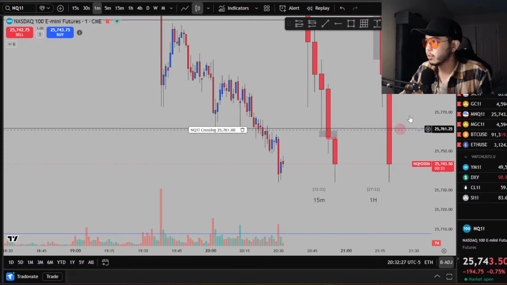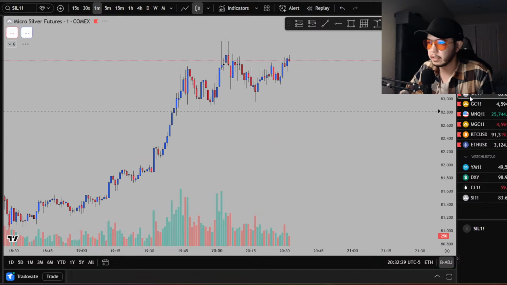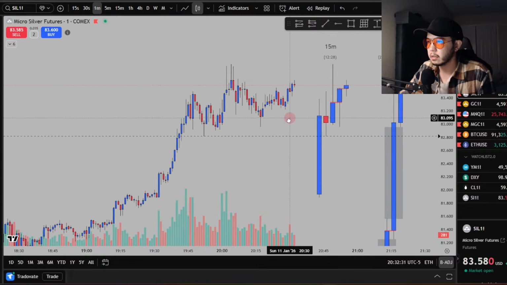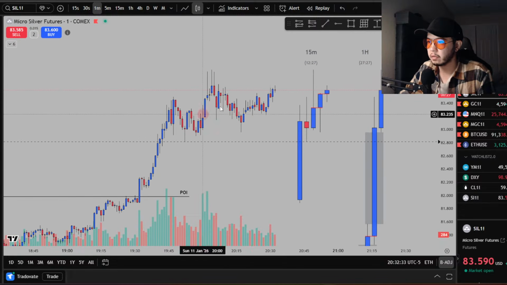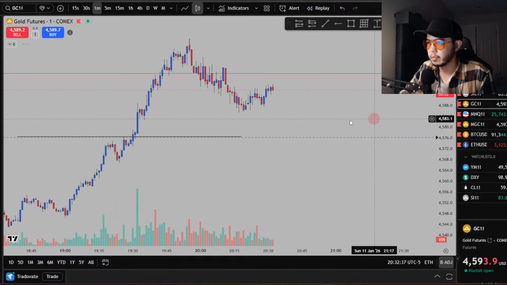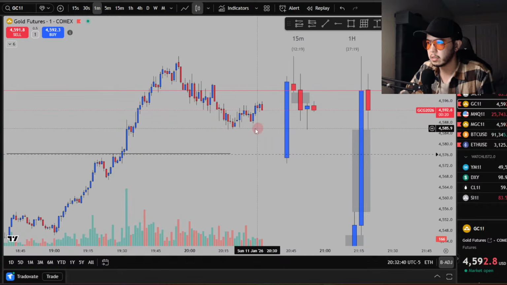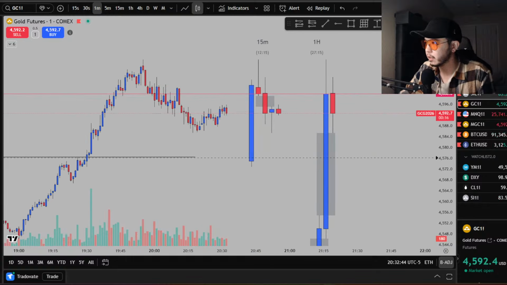So we have one more trade that we can take. Now silver is giving us some ugly price action right now. I am not interested in that one. Gold is not any better either.